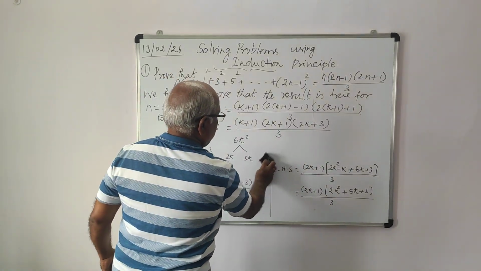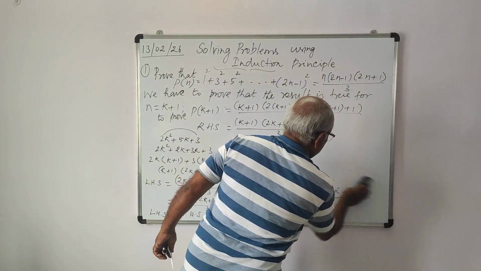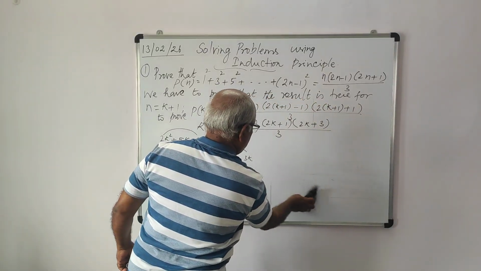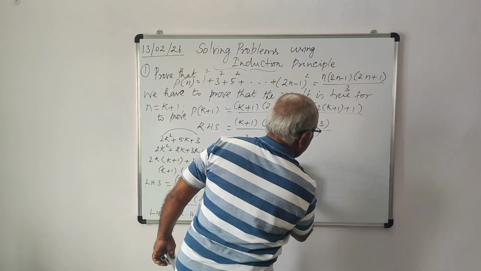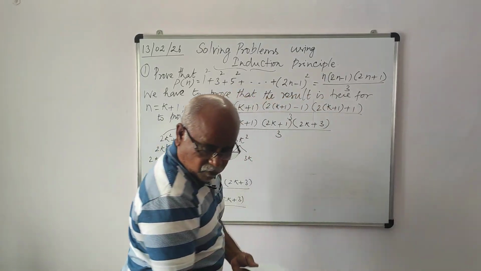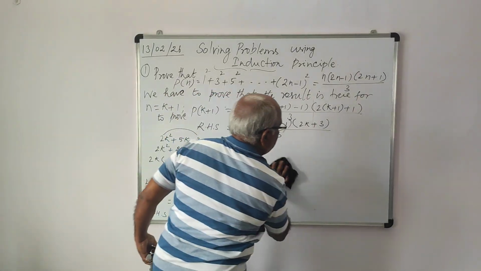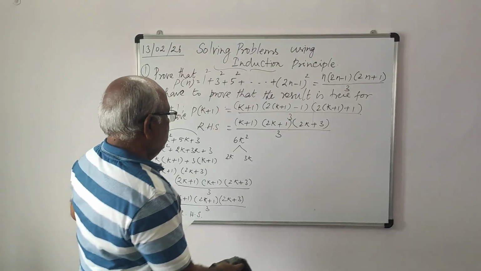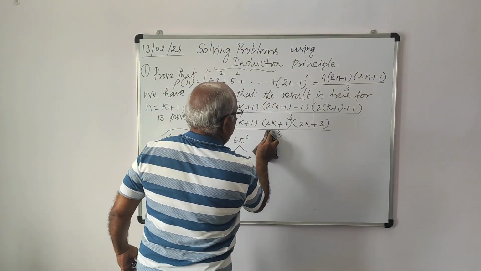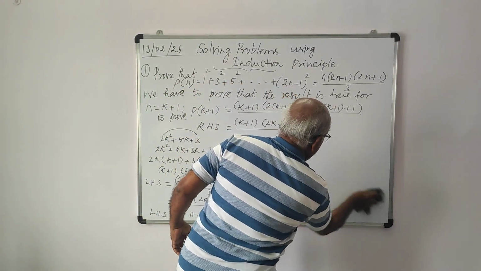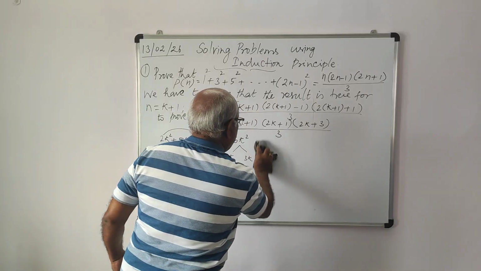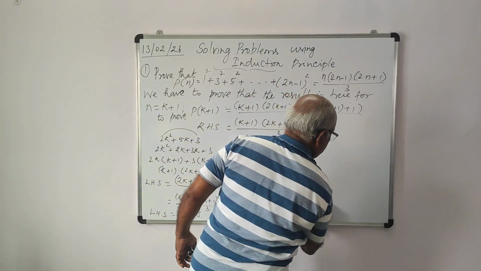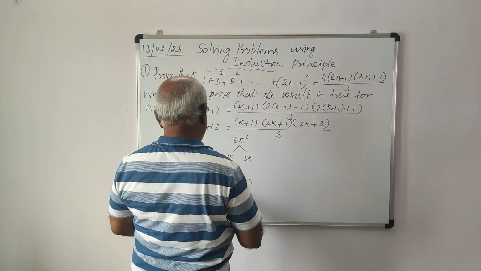Therefore, I am going to write here the conclusion step. Therefore, because LHS equals RHS, we get a conclusion that the result is true, assuming the result is true for n equal to k, and we proved that the result is true for n equal to k plus 1.